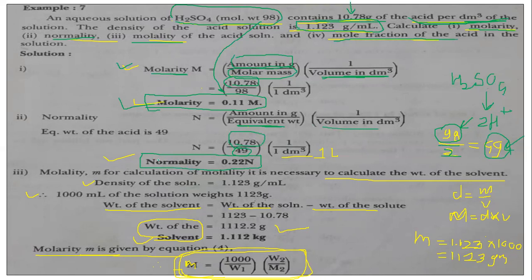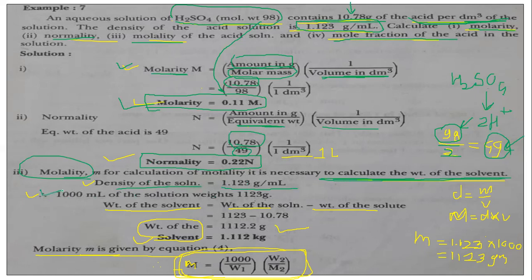0.22 normal. Now we'll see what is the molality. To calculate the molality, we need to convert our solvent into its weight. See now what happened here. Density of solution, we know, is 1.123 gram per ml.